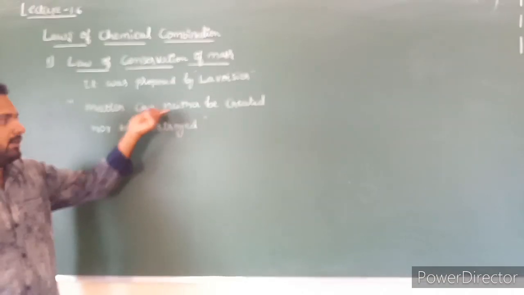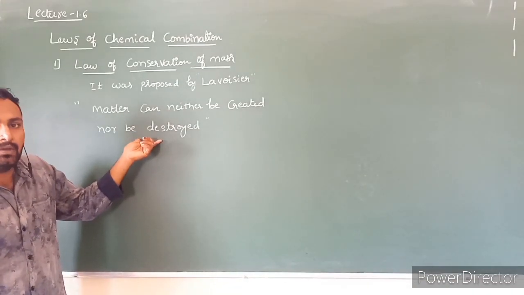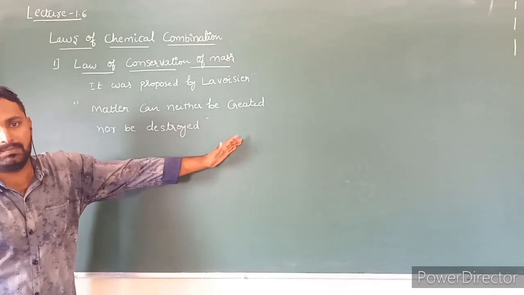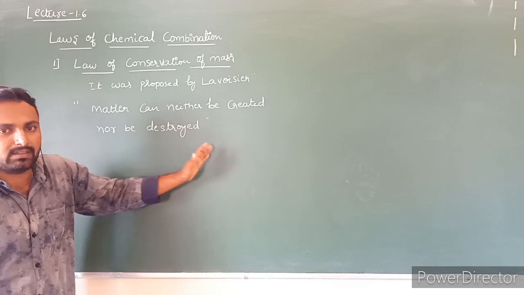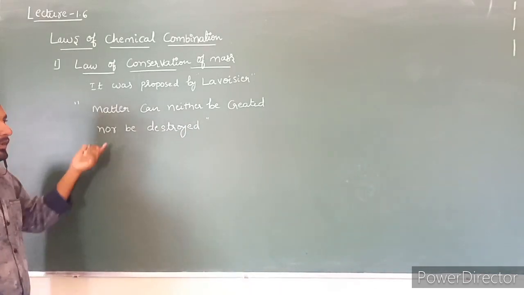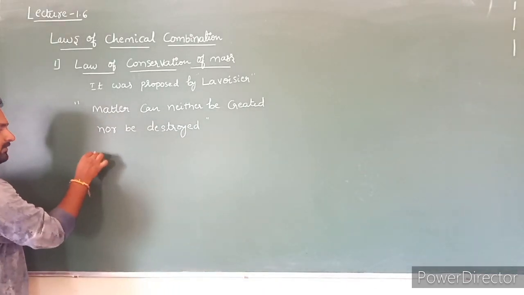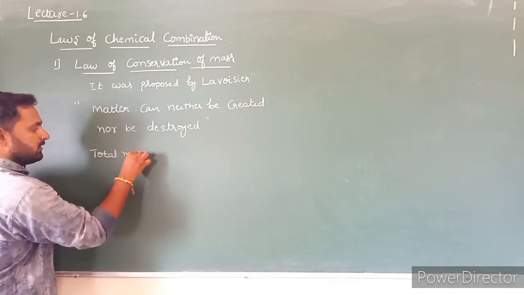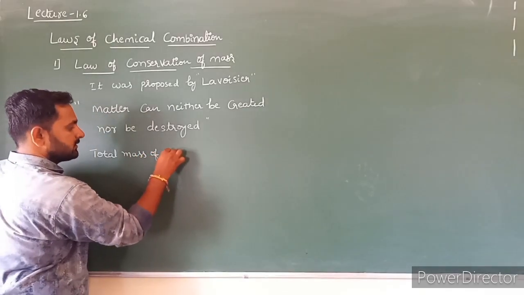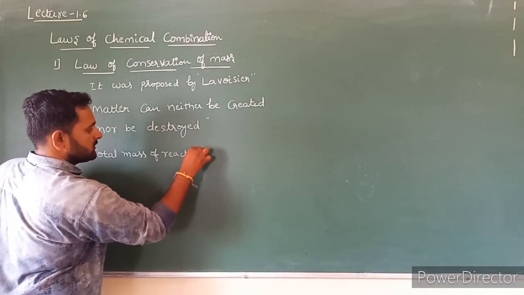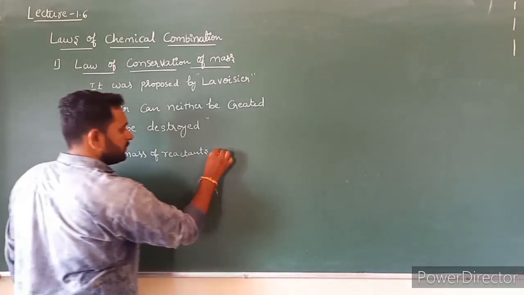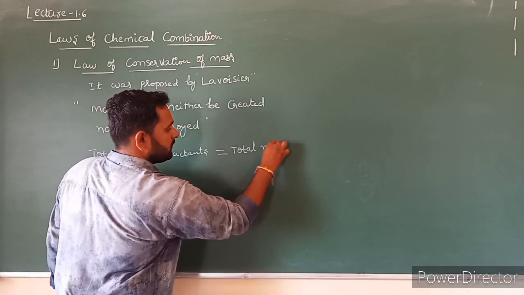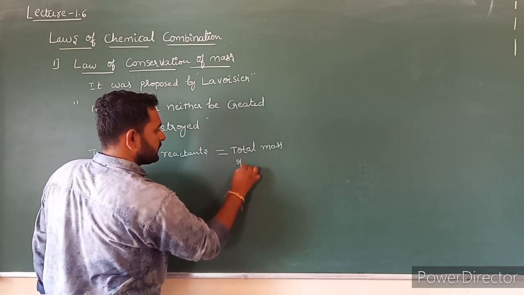Matter can neither be created nor be destroyed. But we can convert from one form to another form. In other words, we can say that total mass of reactants is equal to total mass of products.